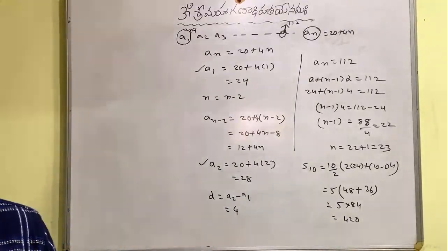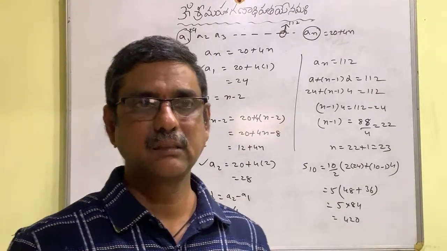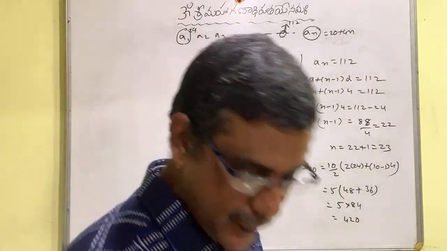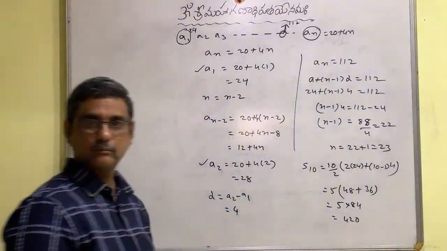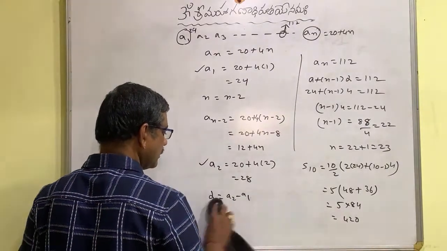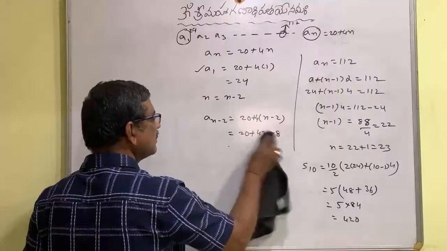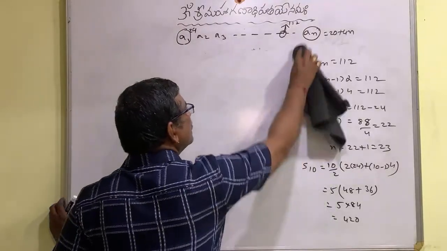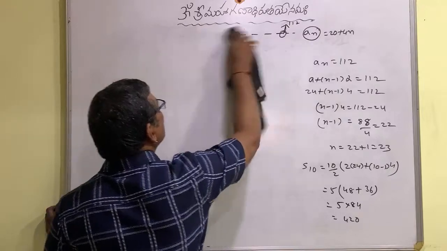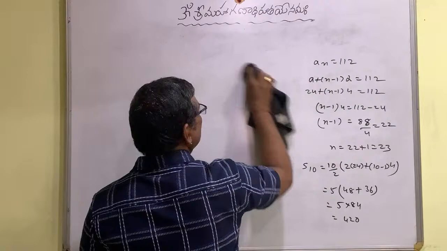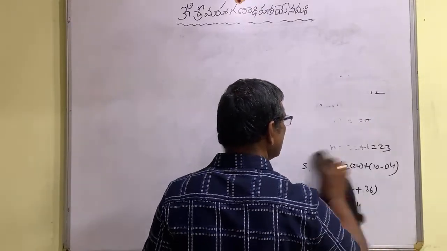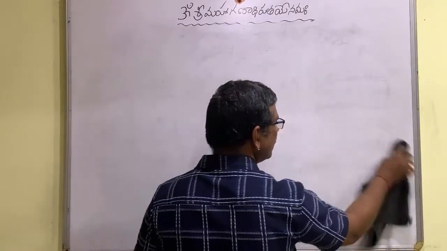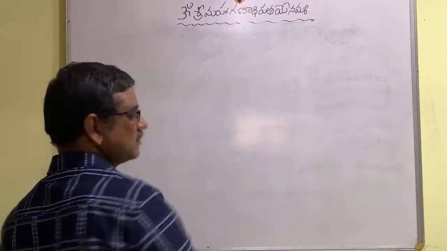So the sum of the numbers in the first 10 spots is 420. Okay? And last question.